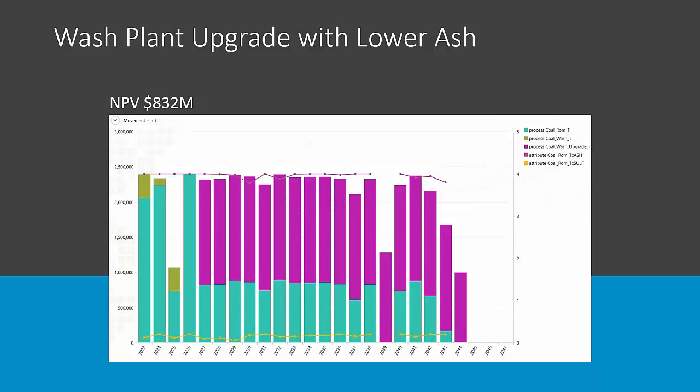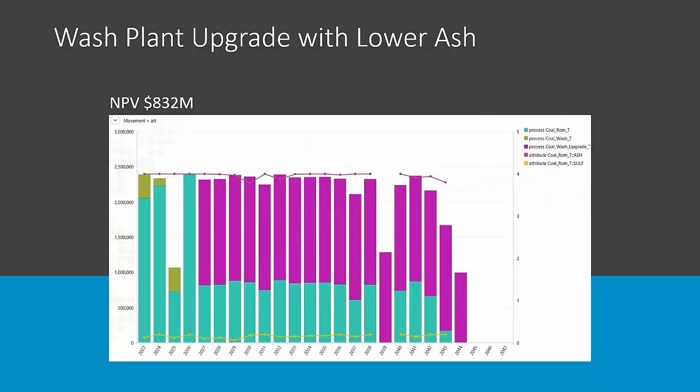But you'll notice that my coal is now fairly uniform. You have two little gaps there. You could probably spend some more time in Scheduler to get those quantities up. But what this shows you is if I'm trying to choose whether I should spend this money on this plant, from an NPV perspective, maybe not.